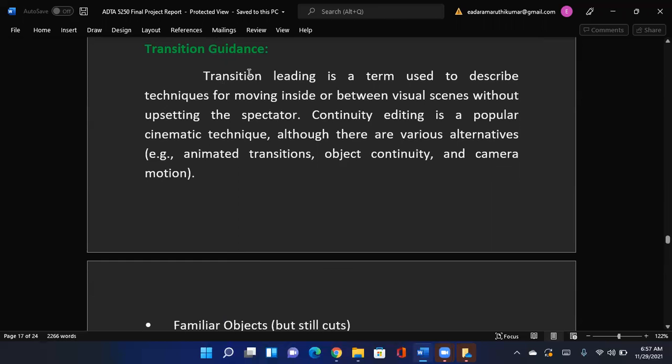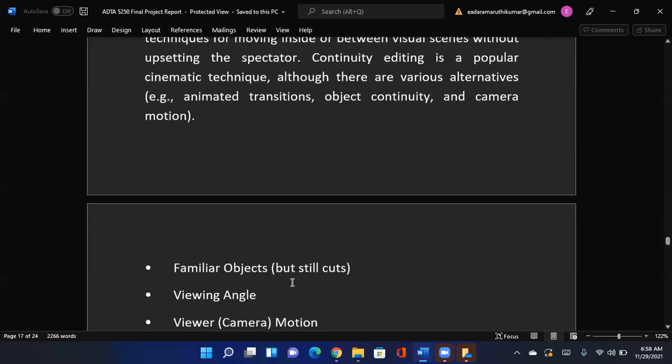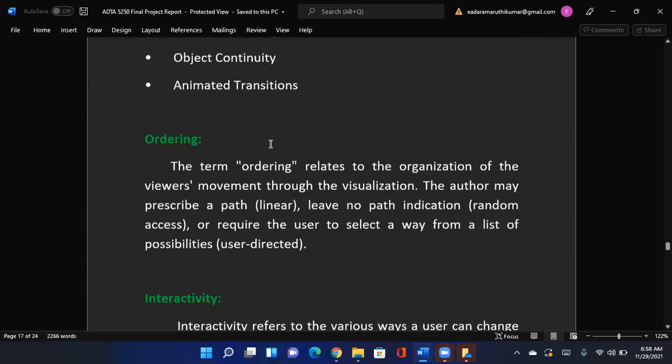In transition guidance, we will do viewing angle. When we are taking a photo, we tell the person to give certain poses and be at a certain angle. Viewer camera motion and animated transition also come under transition guidance.